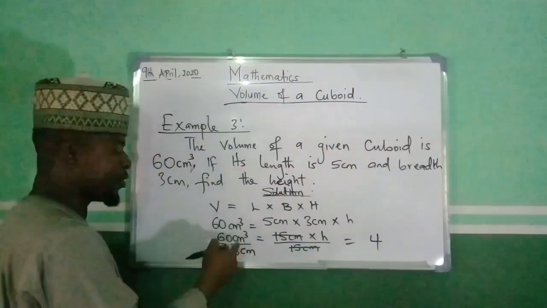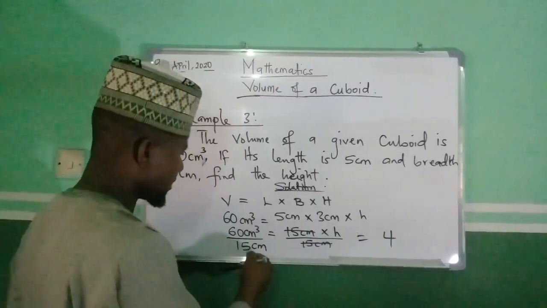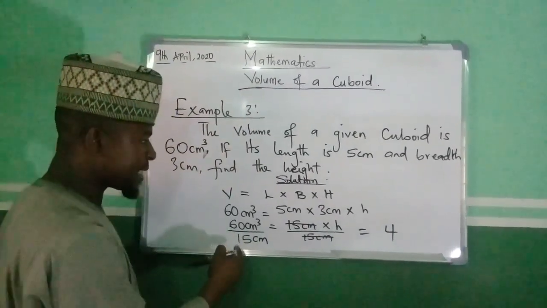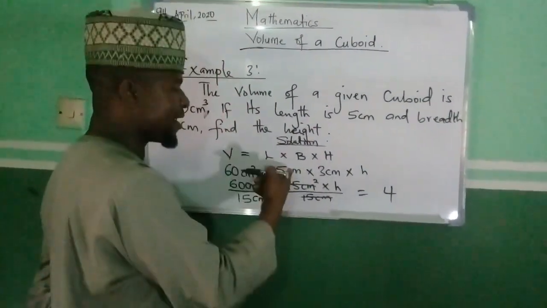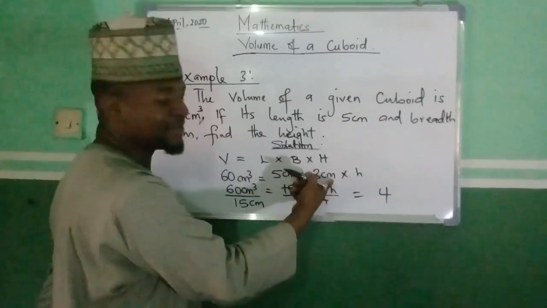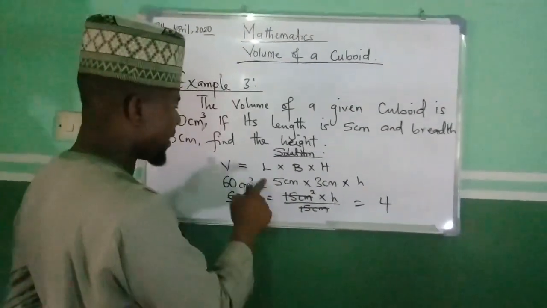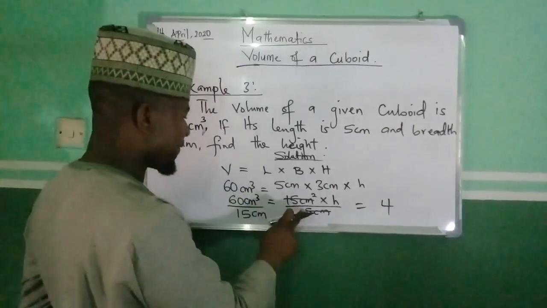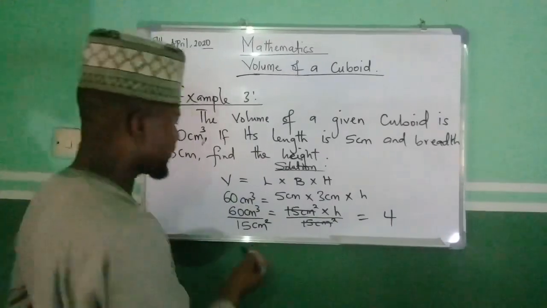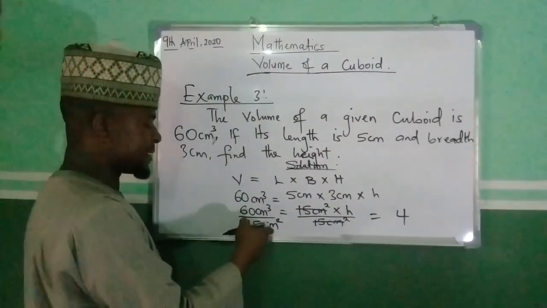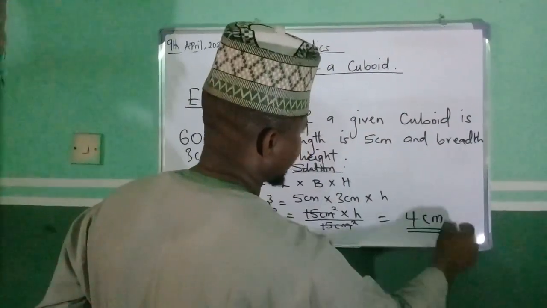Then centimeter cubed divided by centimeter squared will give me centimeter. Note that 5 centimeters multiplied by 3 centimeters gives 15 centimeters squared.